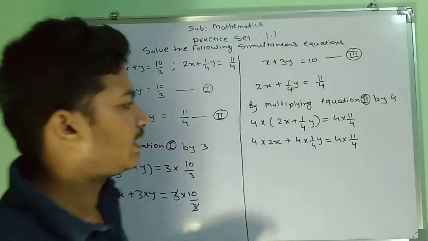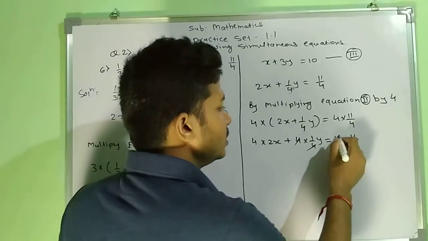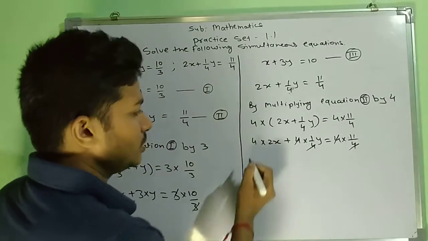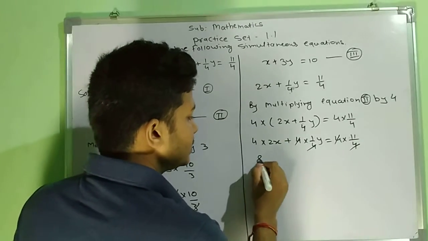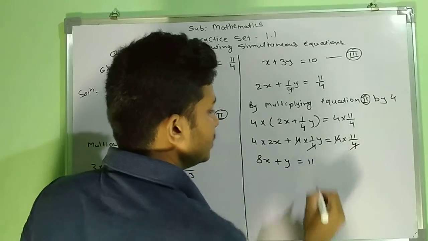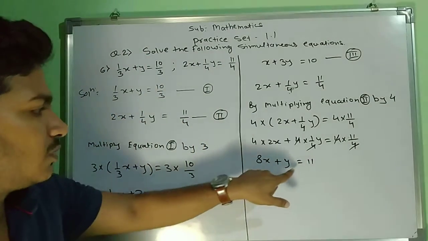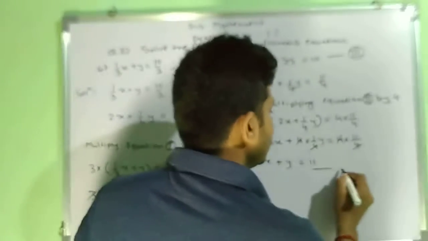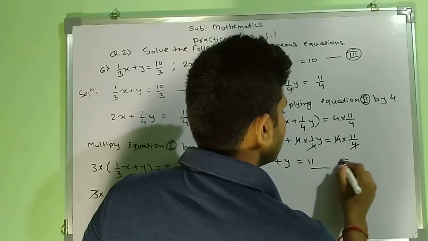Now look, the 4 in the numerator and denominator will be cancelled. Here again the same. What will we get? 4 into 2 will be 8x plus y only, and 11. So we got another equation, 8x plus y equal to 11. We will make that equation number 4.